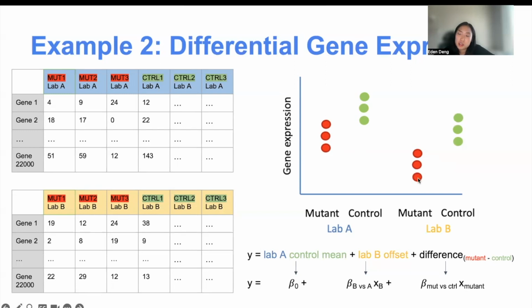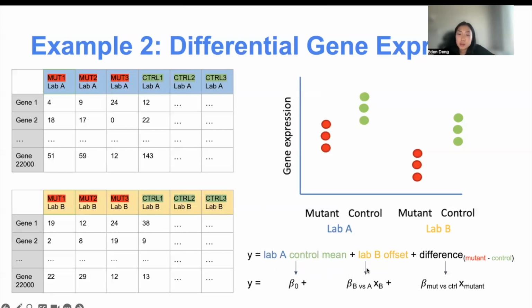So if we try to put this into a mathematical expression, let's have Y as the modeled outcome, the gene expression level. And let's suppose we set the reference or baseline level to be the lab A control group. So we're going to give this an intercept term here that's fixed.